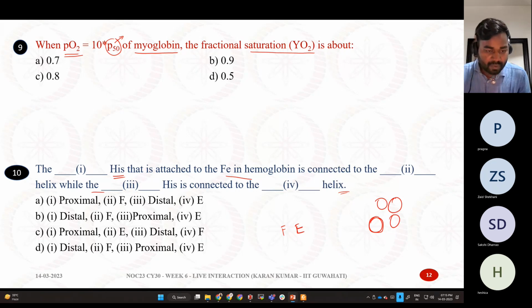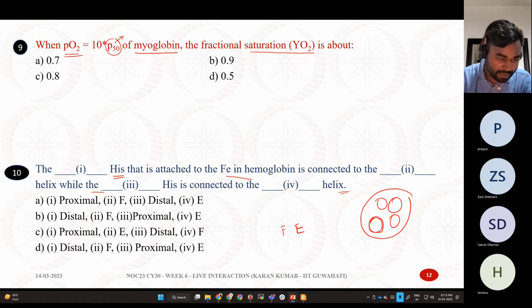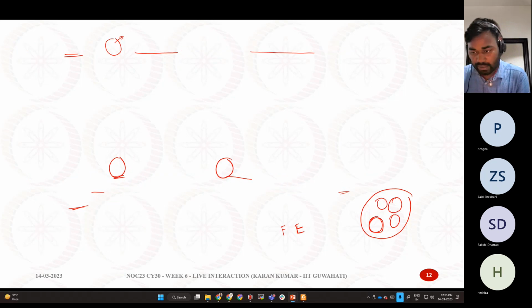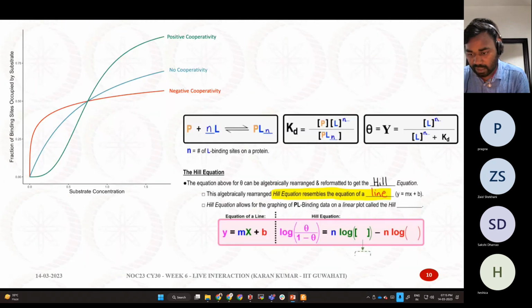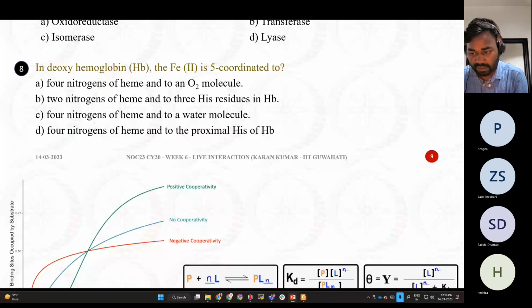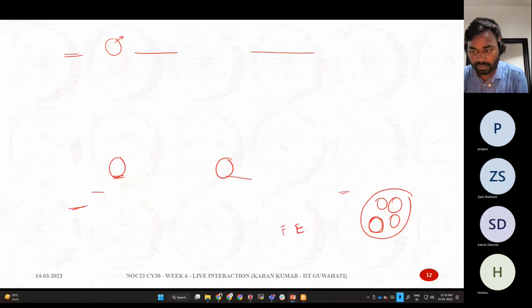Okay. So normally, if you study the structure of hemoglobin, you will see that the proximal histidine is attached to the ferrous ion. So here, where was that, where I showed you?